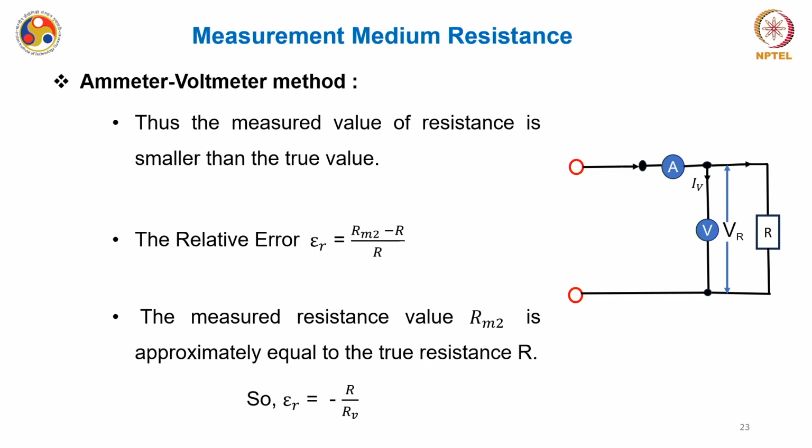If we solve these equations, the relative error is equal to minus R by RV. Or if I consider only the absolute value, I can say that the relative error is equal to R by RV.